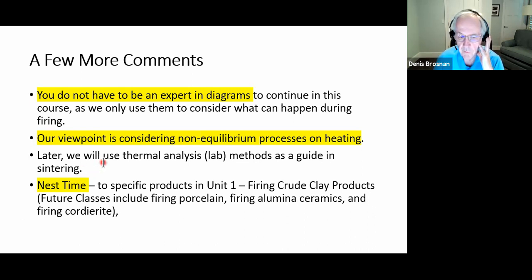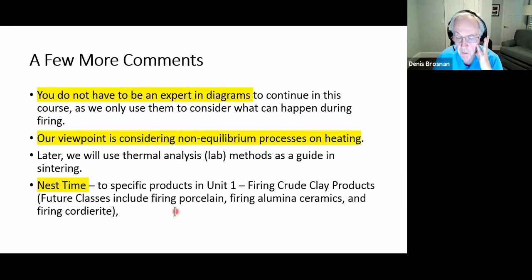Now, later on, we're going to use those thermal analysis methods, and we're going to start next week, next class that you take. Next time, we're going to talk about firing crude ceramics, clay products, which would include bricks and tiles, roofing tiles, flooring tiles that are made out of solely clay.